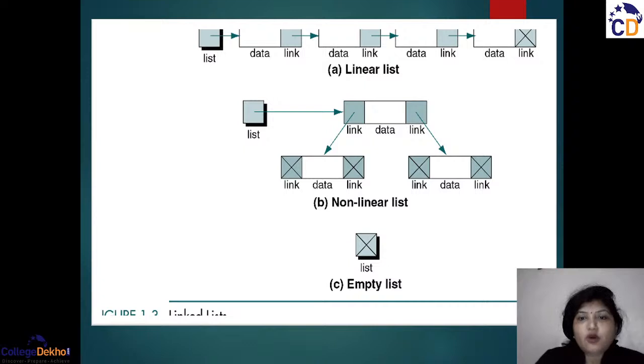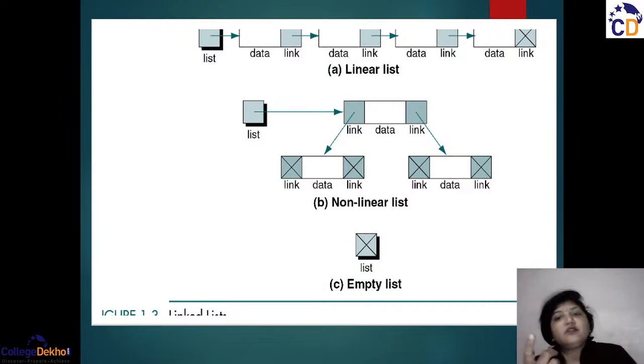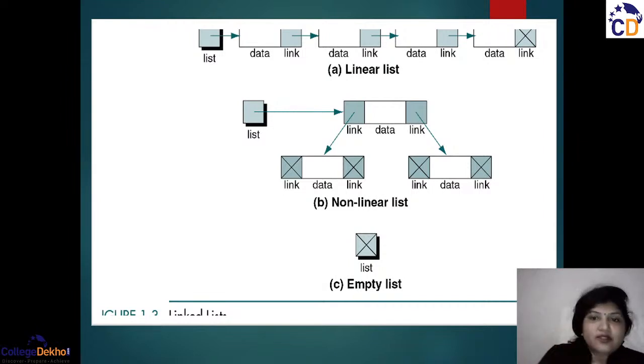Whereas when we have a non-linear list, the element of any list is divided into three parts. What are those three parts? The first part holds the address of the previous element, and the last part holds the link, so there are two links in a node, right?